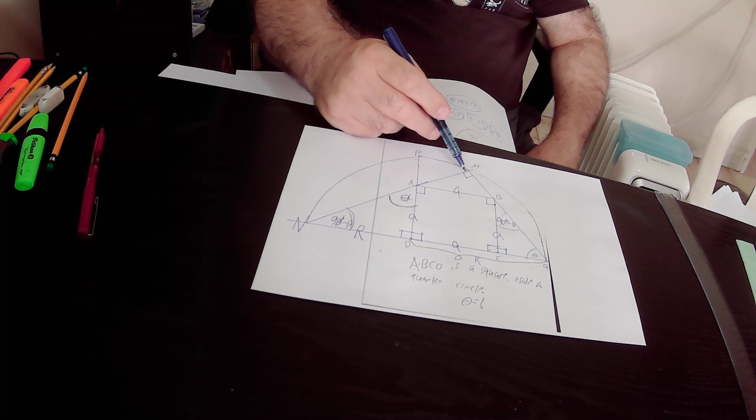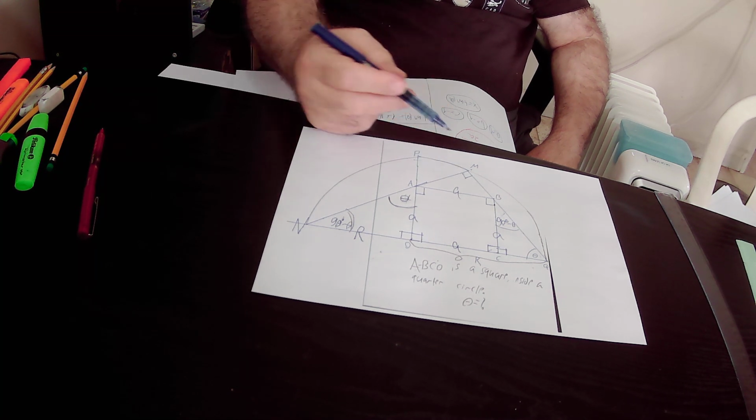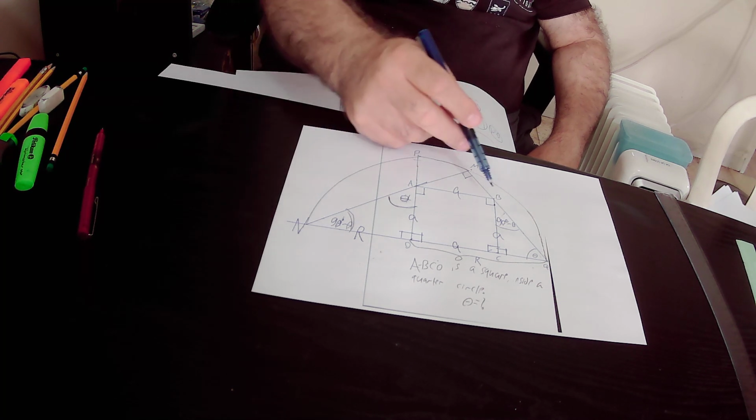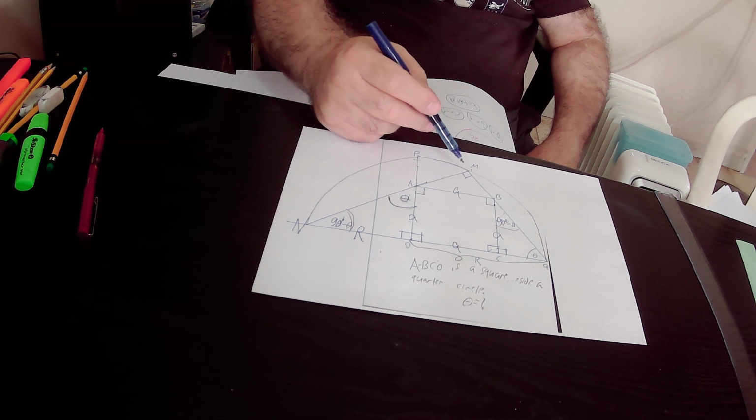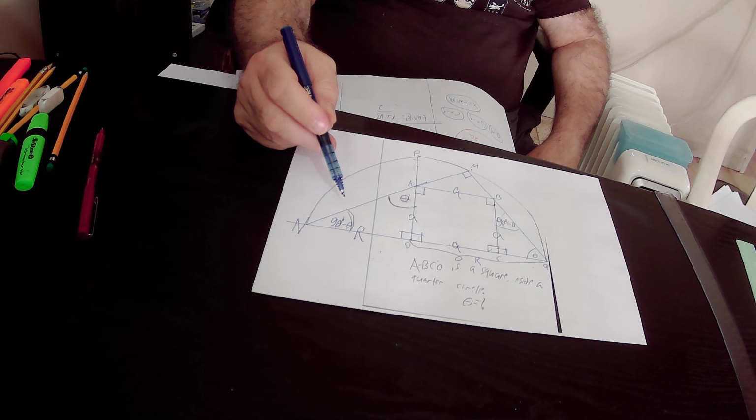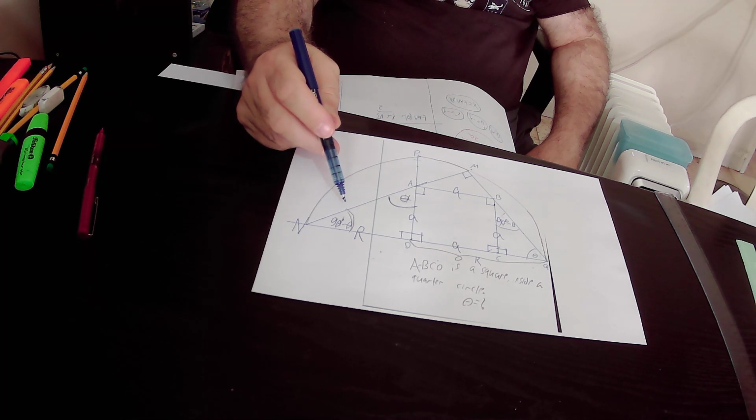This is the biggest angle in triangle AMQ. And because angle NMQ is equal to 90 degrees, it means that this angle must be less than 90 degrees.